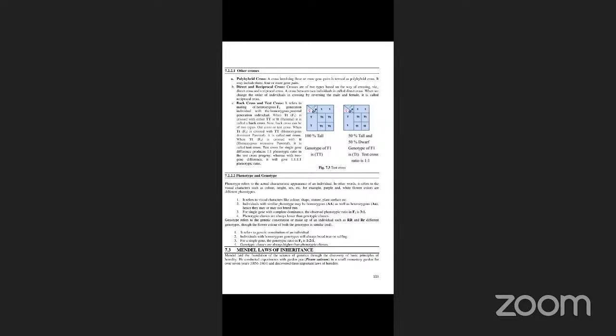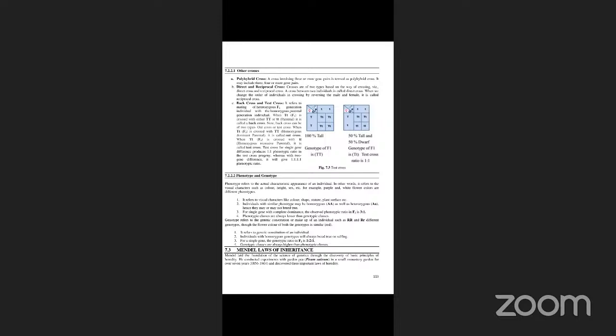It refers to the genetic constitution of an individual, and individuals with homozygous genotypes will always be true breeding. For a single gene, the genotypic ratio will be 1:2:1, and the genotypic classes are always higher than the phenotypic classes.